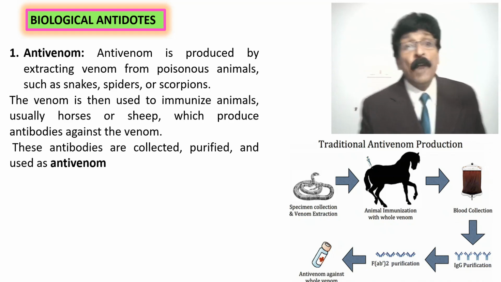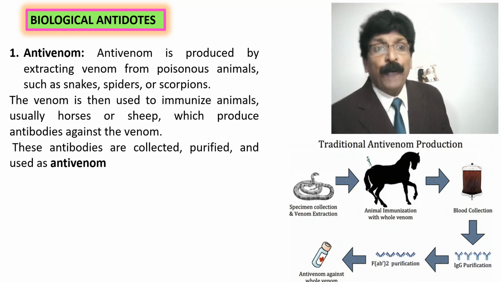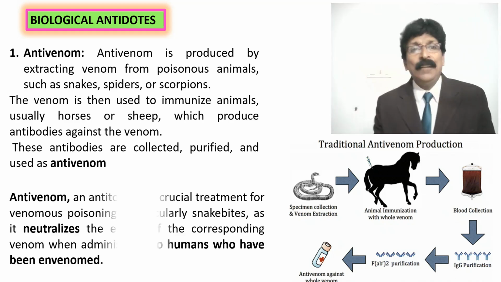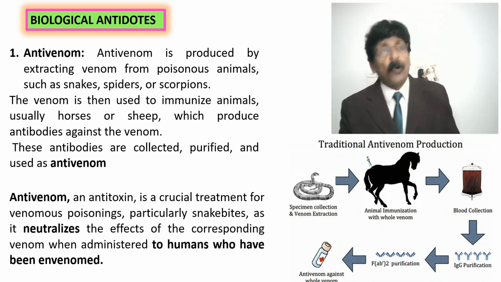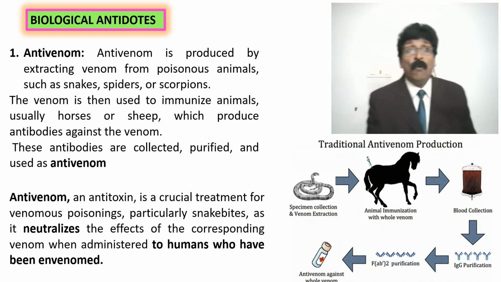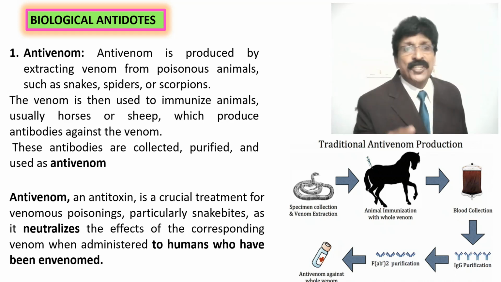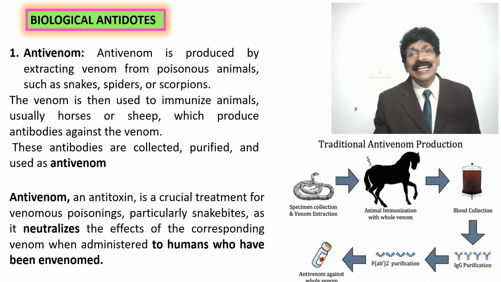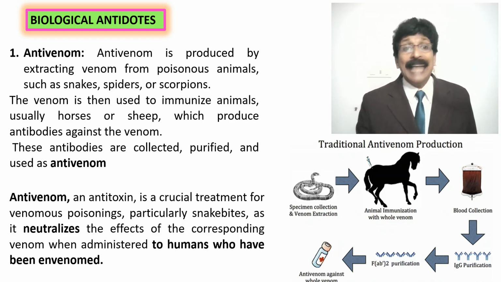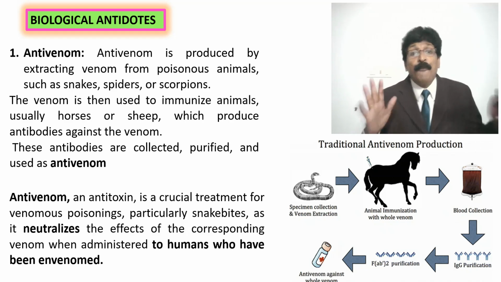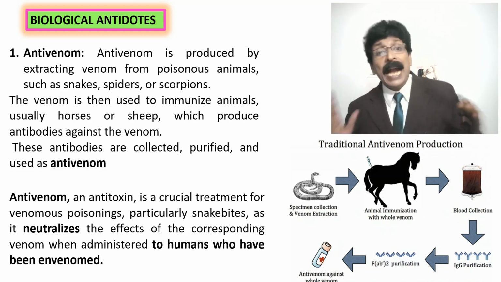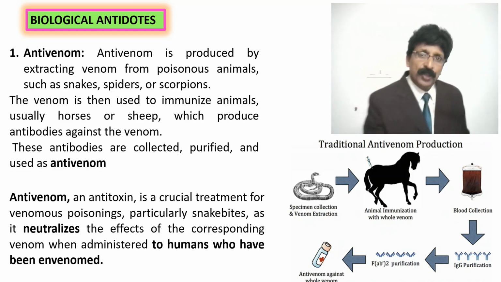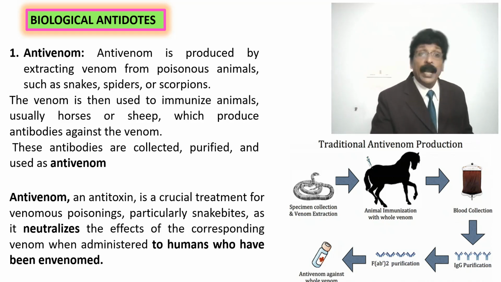These antibodies are collected, purified and used as antivenom. Antivenom and antitoxin are a crucial treatment for venomous poisonings, particularly snake bites, as they neutralize the effect of the corresponding venom when administered to humans who have been envenomed.